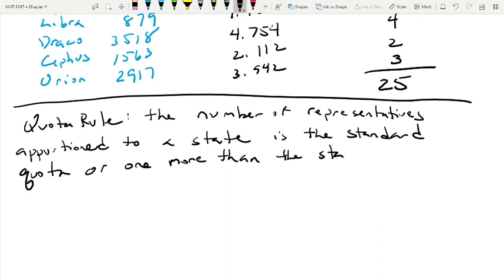And we saw that with our first examples we did. We got the standard quota, and then we gave a few of the states one more member.